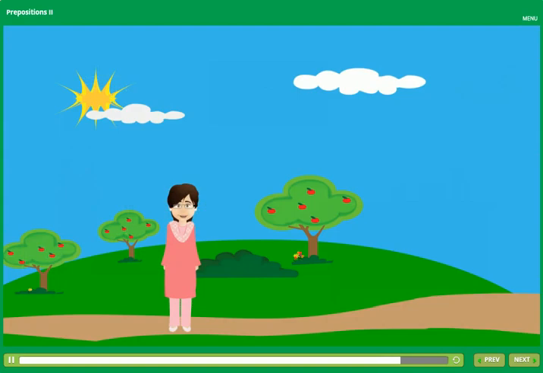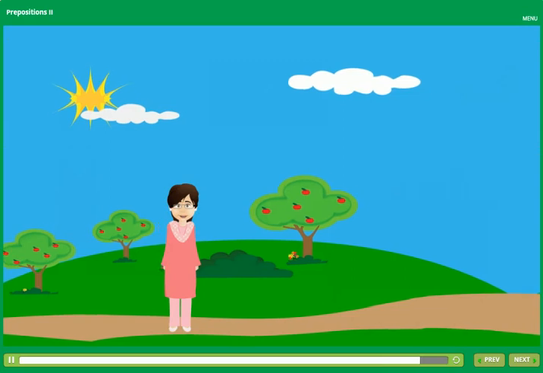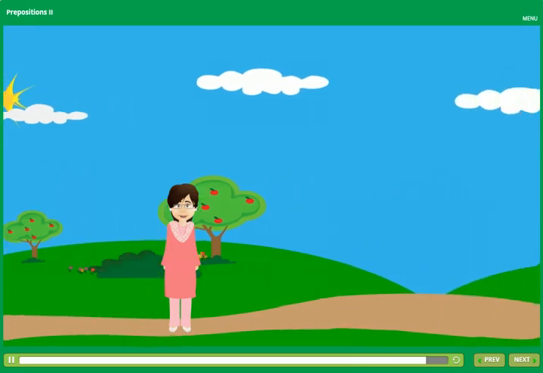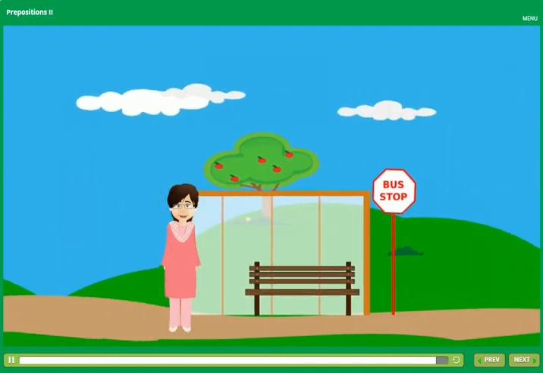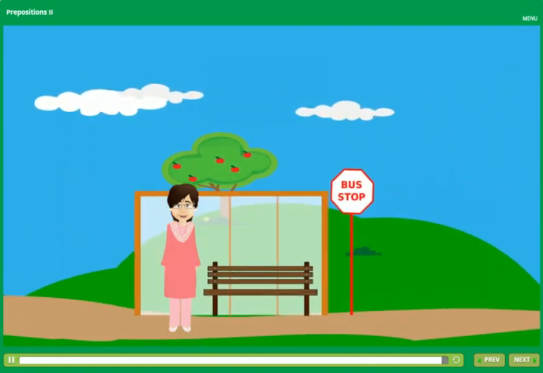We also use it when we are at the bus stop. For example, I am walking on the street because the street is not one point. But I am standing at the bus stop because the bus stop is one point.